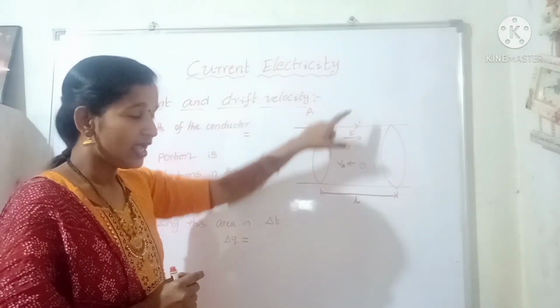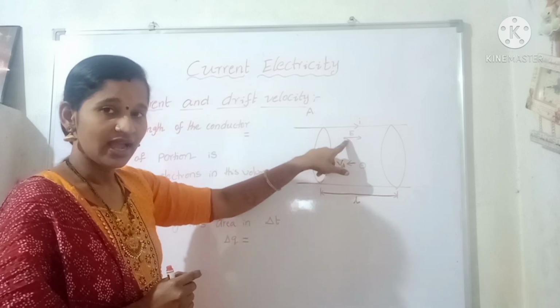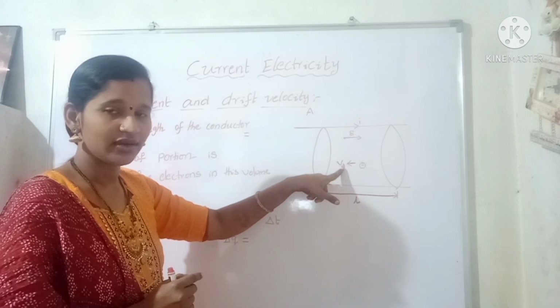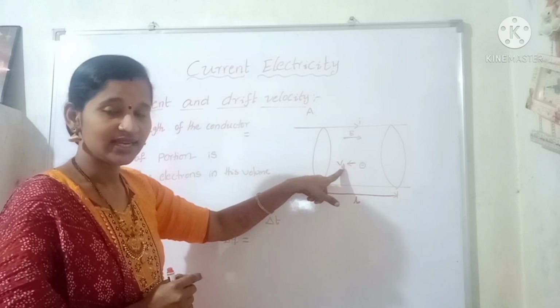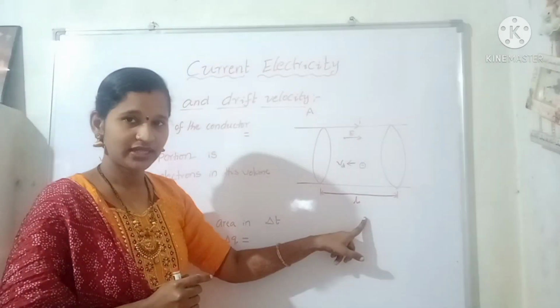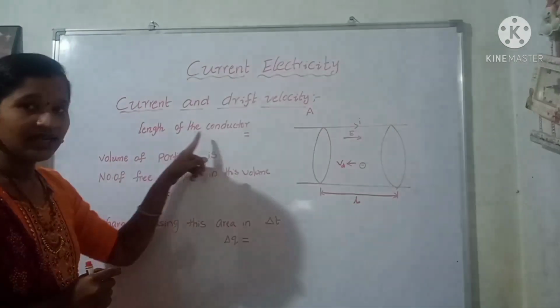That means the electrons and the current are in opposite directions, and the length of the conductor is L. This is the diagram.